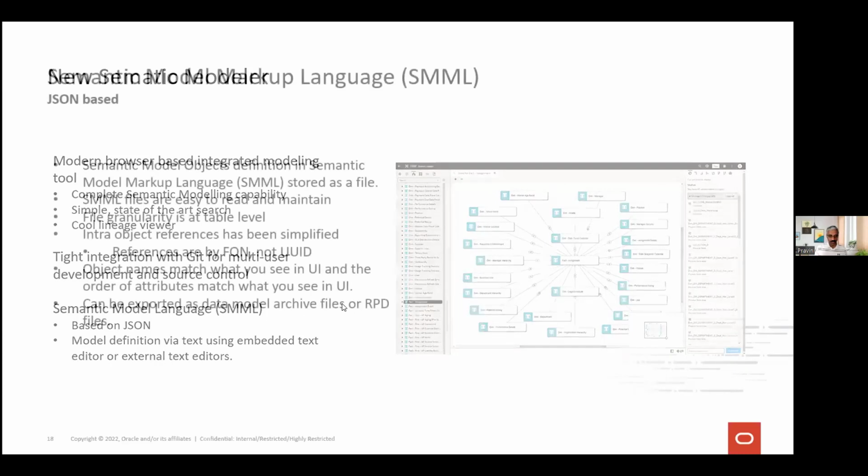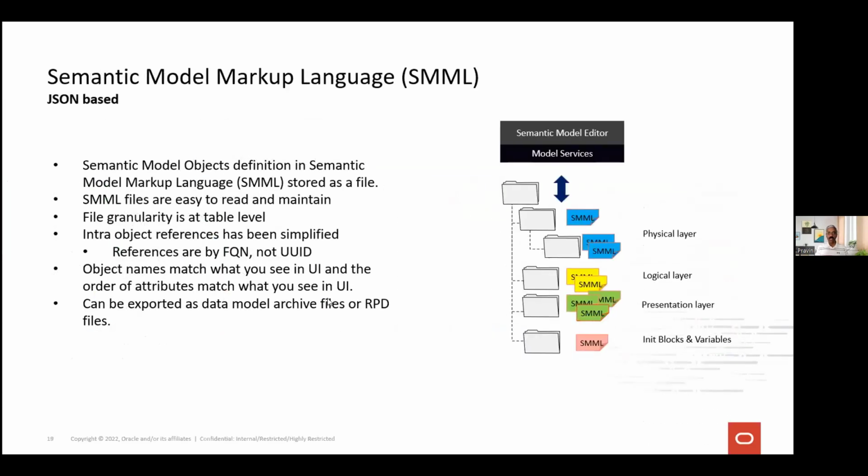Okay, so essentially what happens is that every single object that you create in all three layers, the physical layer, the logical layer, and the presentation layer, is stored behind the scenes in SMML, right? And SMML is based on JSON. So if you see the file itself, the file will have a .json notation. The granularity of the files is at the table level.